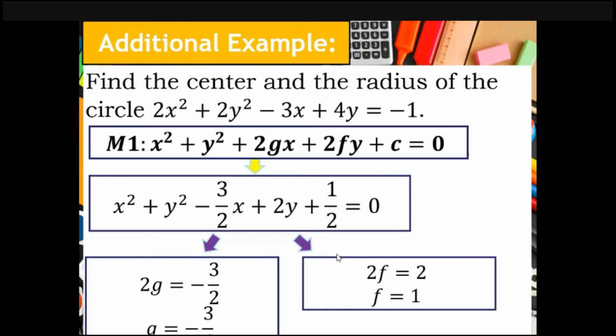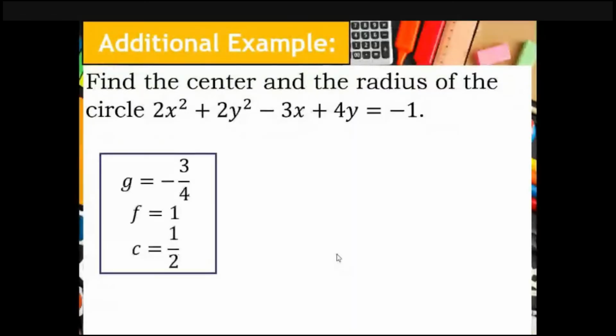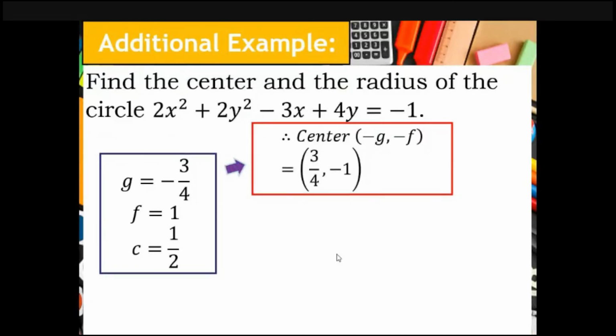So for us to find the center, according to the general form, the center is given by negative g, comma negative f. Since we already have the values of g, f and c, we can now get the center, which is negative g, comma negative f. And that's equal to 3/4 and negative 1 for our center.